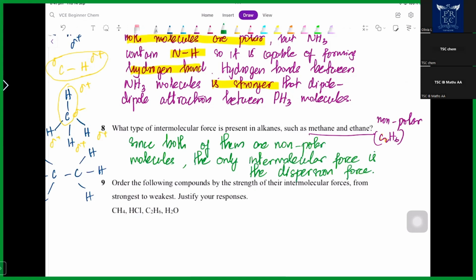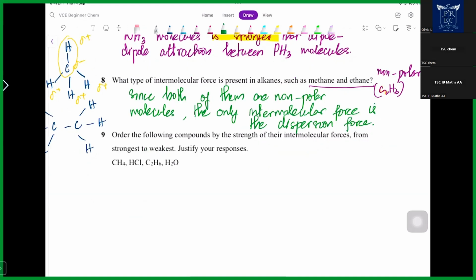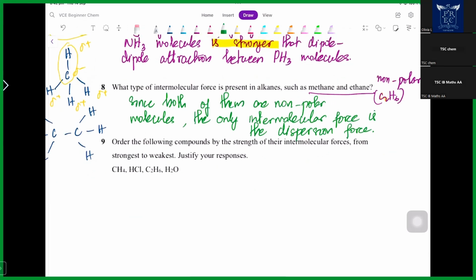Okay, order the following compounds by the strength of their intermolecular force from the strongest to weakest. This is what I was talking about just now.